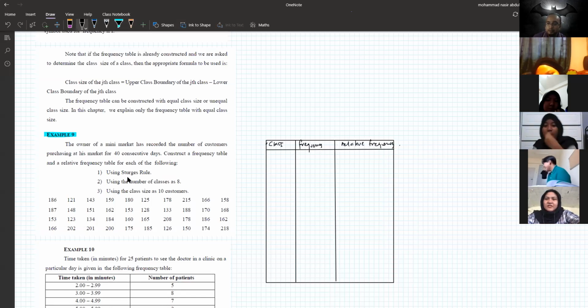So this part you need to listen carefully. If you don't understand this part, then you cannot construct a frequency table for quantitative data, right?